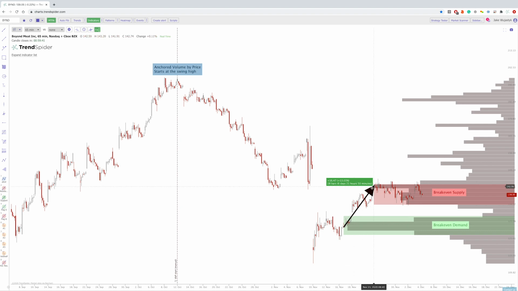If the price starts to drop back down, and we drop back down to this break-even demand zone, everybody's back to break-even. So we call this break-even demand because this was the initial demand zone where price caught a bid and started to move up. But as the price gets back down to this area, everybody who initially was in profit is back to break-even, and that's why we're calling it break-even demand.